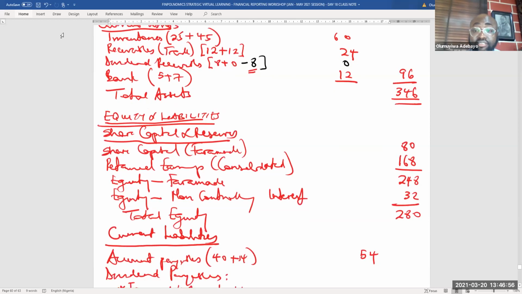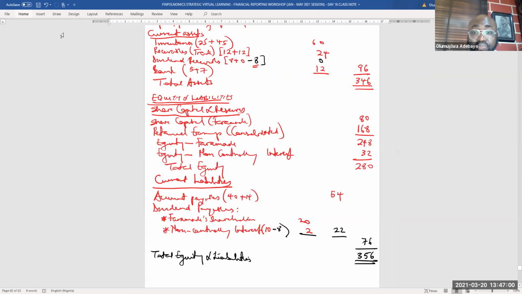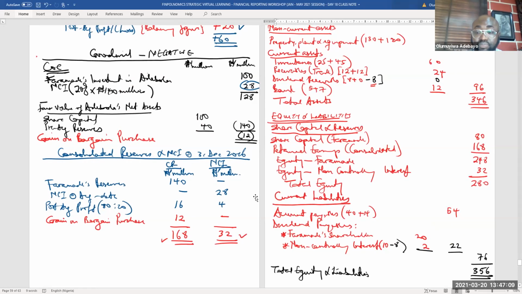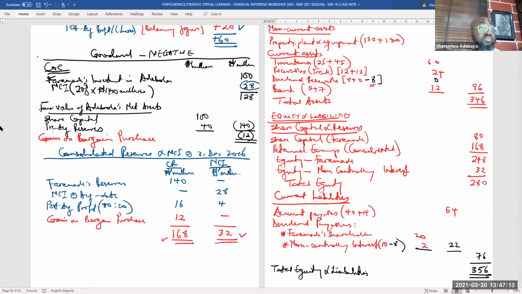One is showing 346, one is showing 356. Is there something wrong? Or we had one wrong? Can you confirm?